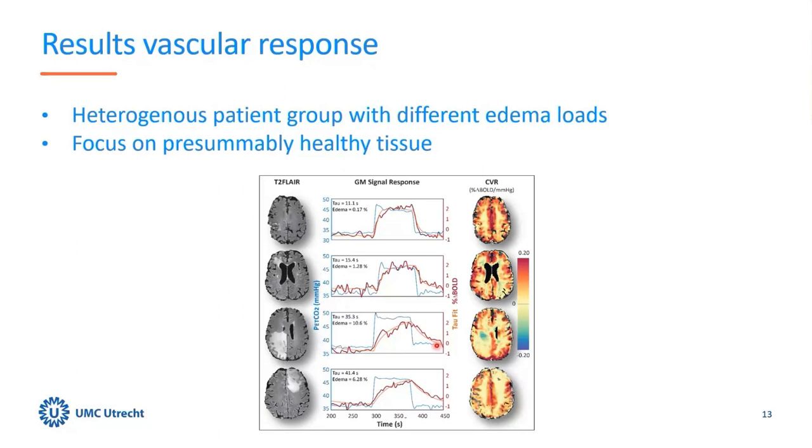So the tau was actually a lot higher, meaning that the return to baseline took a lot longer. When looking at the CVR maps, we also saw that the CVR was decreased in patients with more edema. But note that we also saw this kind of mixture effect in CVR, so there were some regions that showed negative CVR as well.